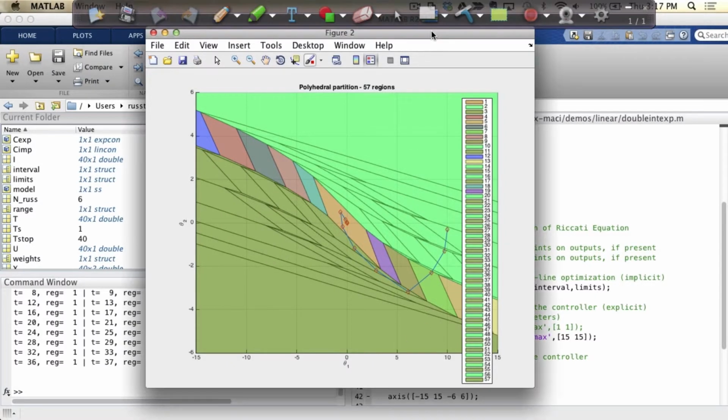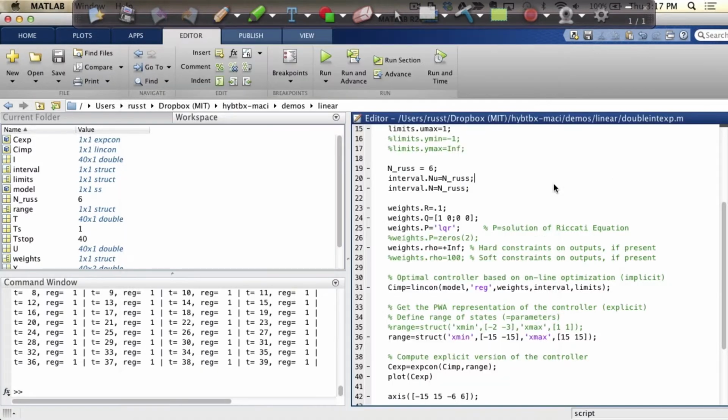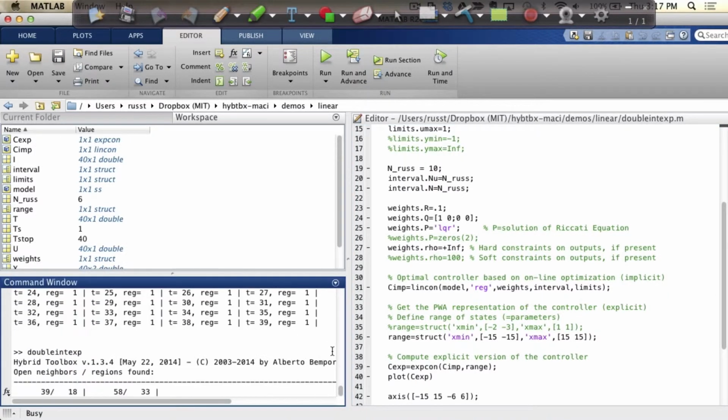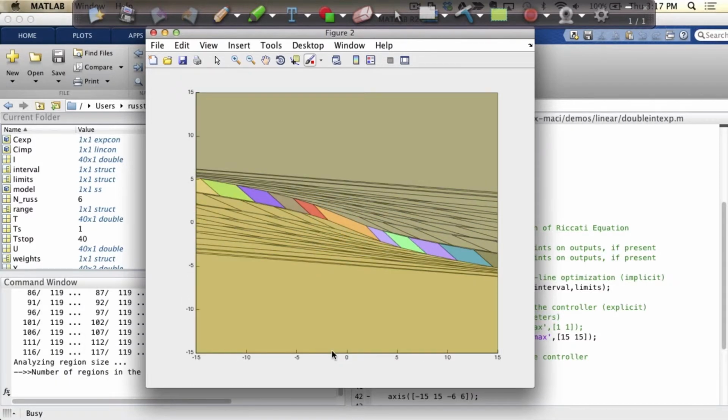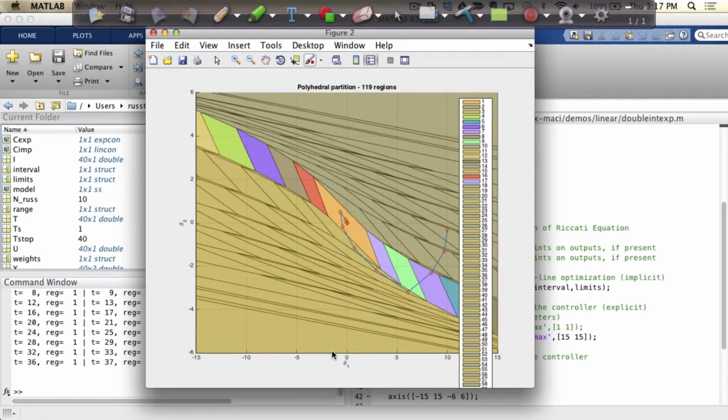You get a better approximation of the optimal controller, but this is n equals 6. We've got 57 regions now, unique. I didn't actually see how far I could go, but it's not pretty. Because remember, this is just a one-input system, so it's going to be worse if I had two inputs, right?